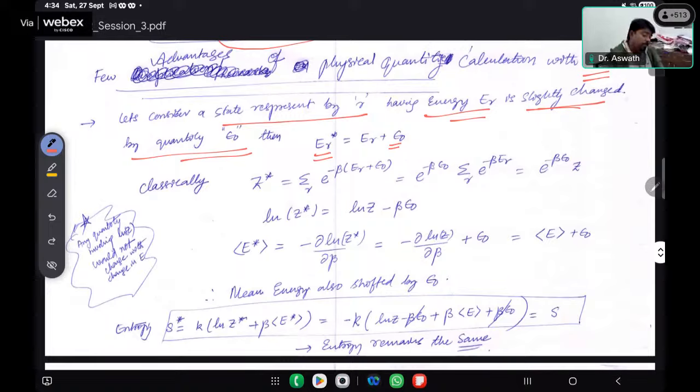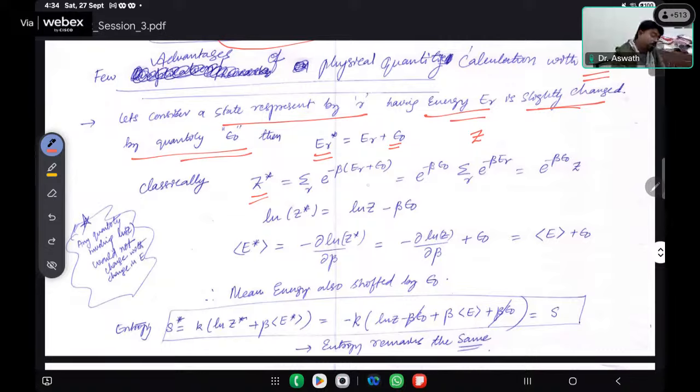So classically, the partition function also changes, meaning the number of accessible states also changes with the change in energy, right? So let's say I want to find that partition function. I'll call it Z star. Old case, the partition function is just Z. New case is Z star.